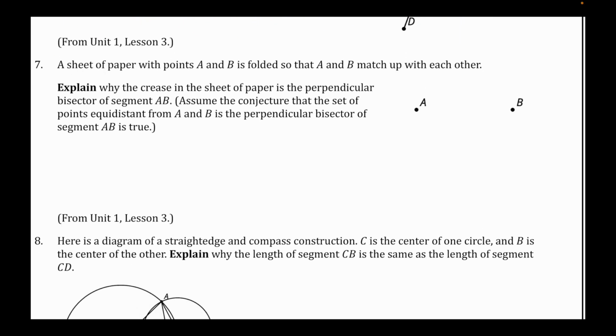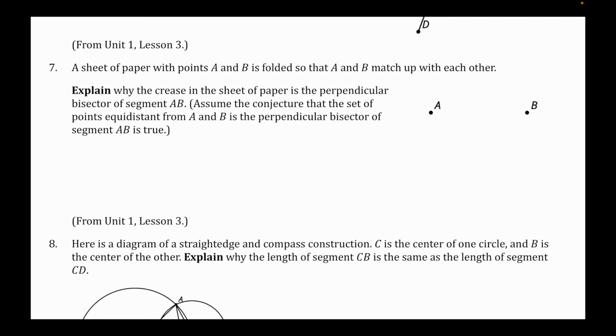Okay, let's look at question 7. All right, I am not a big fan of the way that question 7 is phrased, or of the way that they phrase the answer on the answer key. So let's read question 7, and then I'll discuss how they answer this question as a sample response. Question 7 gives us a sheet of paper with points A and B, and it's folded so that A and B match up with each other.